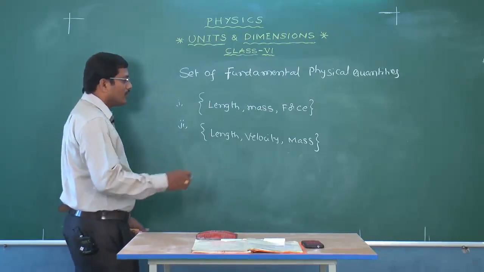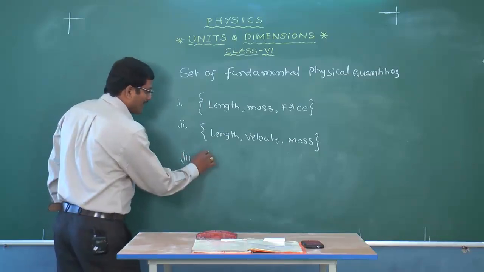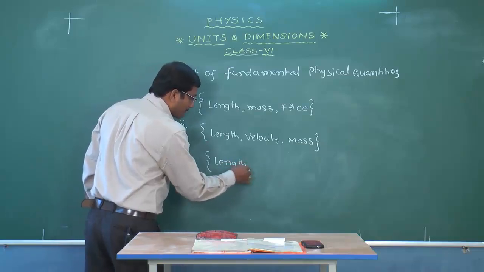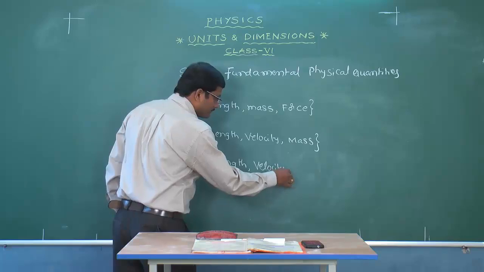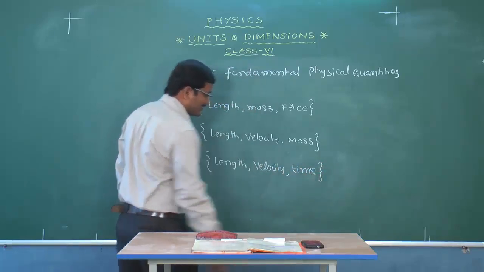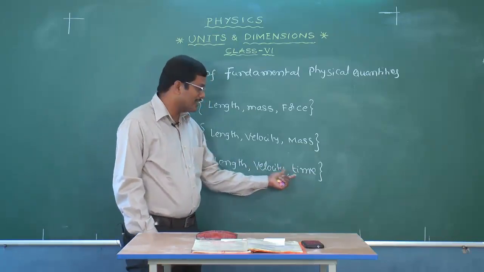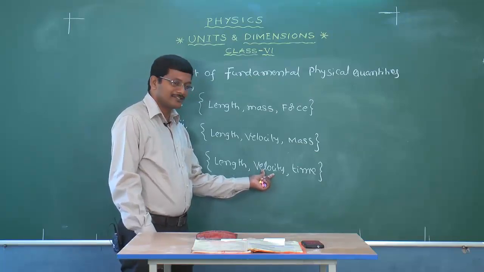Let me give which is not a set of fundamental physical quantities. I'll just change this: length, velocity and time. Look at this. Length is a fundamental physical quantity, time is also a fundamental physical quantity, and velocity is a derived physical quantity. Let us see how this velocity is derived.